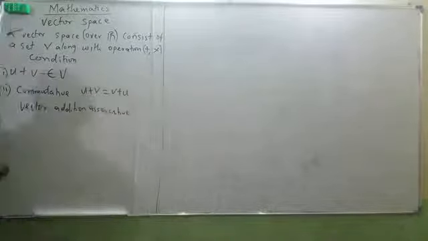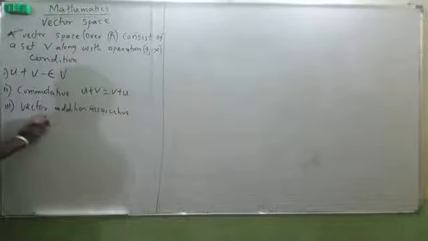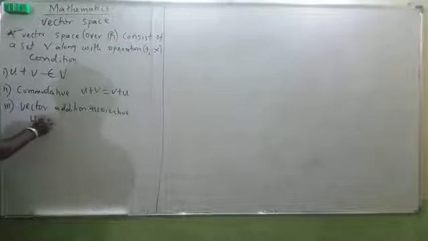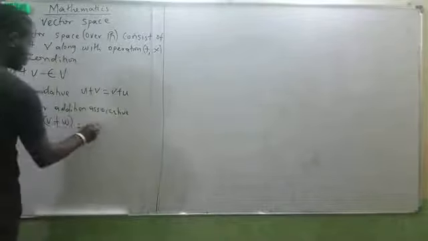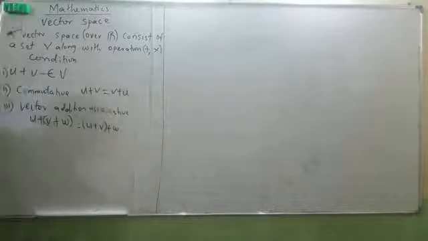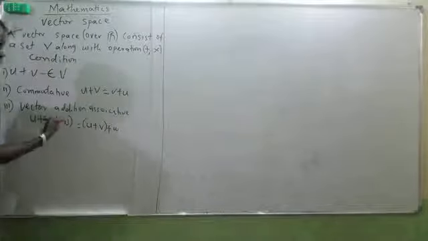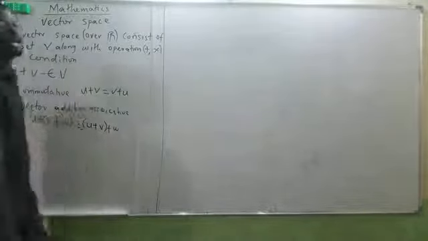When you talk about associativity, I'm talking about three vectors: u plus v plus w can also be equal to u plus v plus w, grouped differently. That is what is called associativity. Can you see that if you operate on this and also operate on this, you will surely have the same thing? That is called associativity.